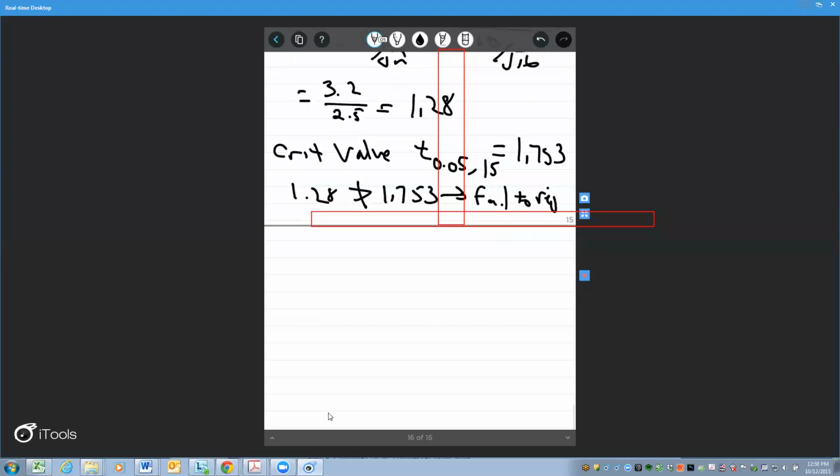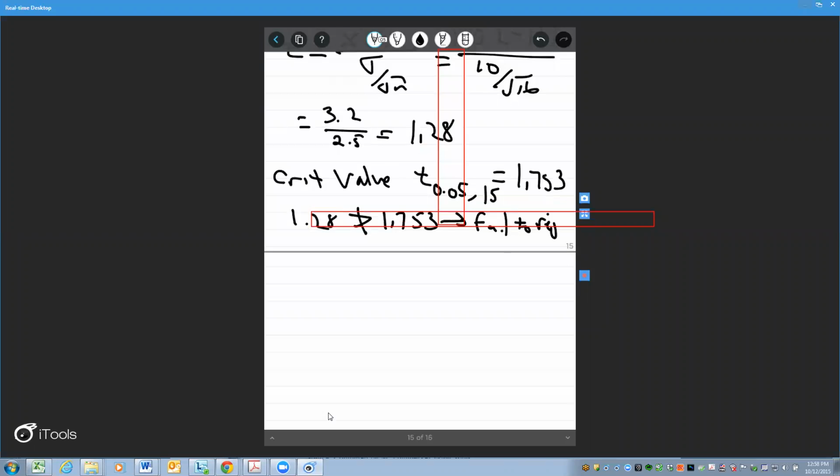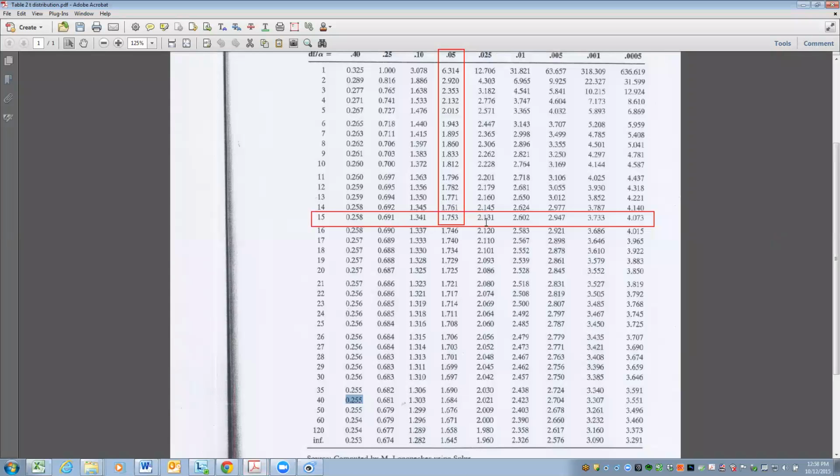So how do we do the p-value now? Well, we're going to go back to our t-table, to that 15 row. I'm going to find where 1.28 lies along that row.